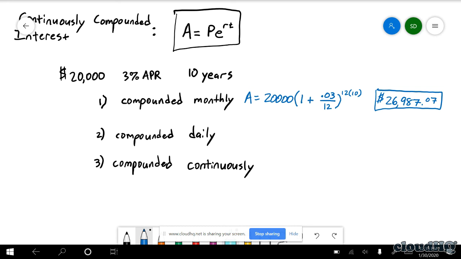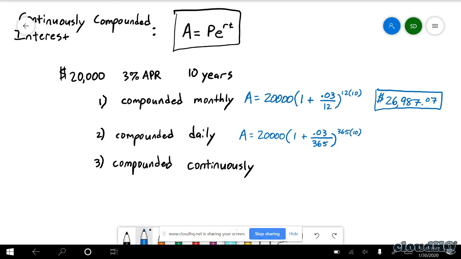Let's look at the same numbers now, but daily. So you're getting interest more frequently, still the same percent of interest, still the same principal, still the same length of investment. Let's find out the difference. We're going to go ahead and use 365 days for the year. This being a leap year, we actually have 366, but just use 365 for this.